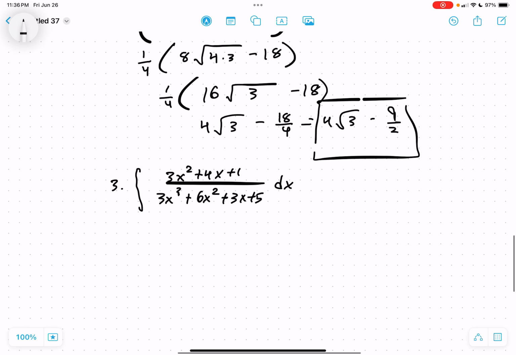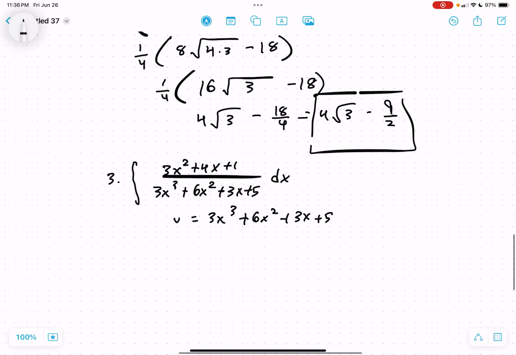Okay, so for this problem, I can see there's not going to be a nice way to simplify this, so I'm going to have to use U-Substitution. Now, let's try letting u equal my denominator. So u is going to equal 3x cubed plus 6x squared plus 3x plus 5.